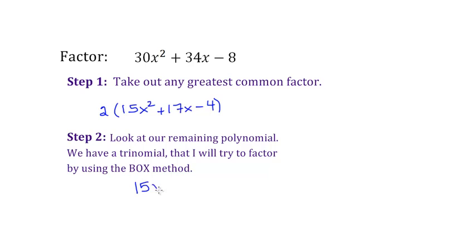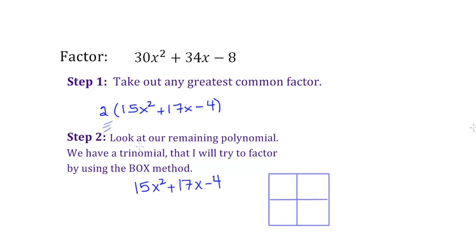I'll start by simply writing down our trinomial right here, and this is where we're going to focus. To factor this, I want to observe two things. First, I want to observe the lead coefficient, and second, I want to observe the last constant term.